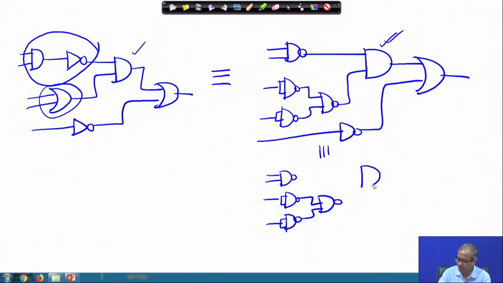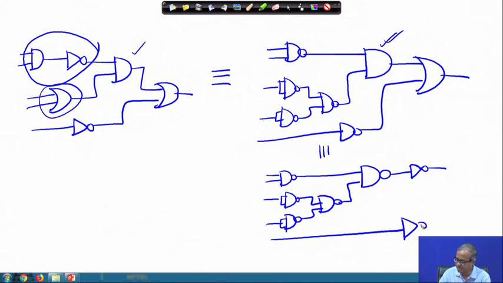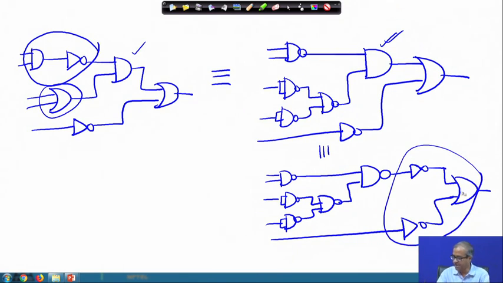Now, what I am saying is that let us make this a NAND gate followed by a NOT gate. This is equivalent to AND, and on the other input also I have a NOT gate which goes to an OR gate. Now, we have already shown that a NOR gate with NOT inputs is equivalent to a NAND gate.